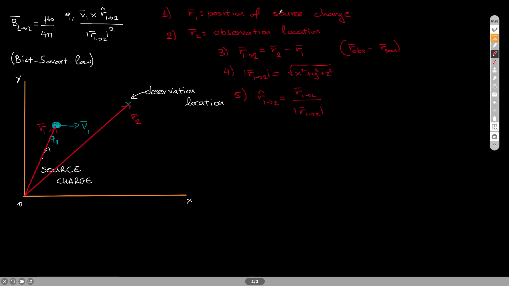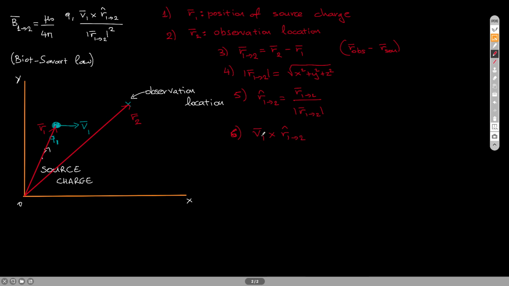Now these first few steps are similar to what you did for the calculations of the electric field, so there is nothing new here, at least not until this point. Now is where the complicated stuff begins, because for the next step you will have to do this calculation, v1 cross r hat from 1 to 2.